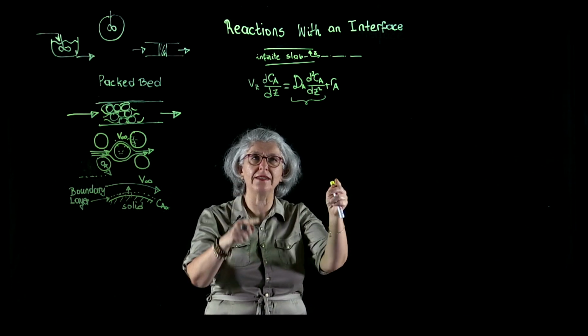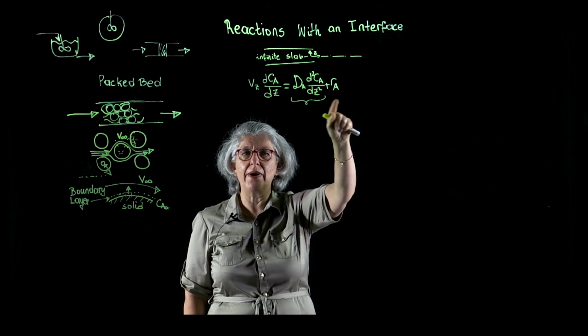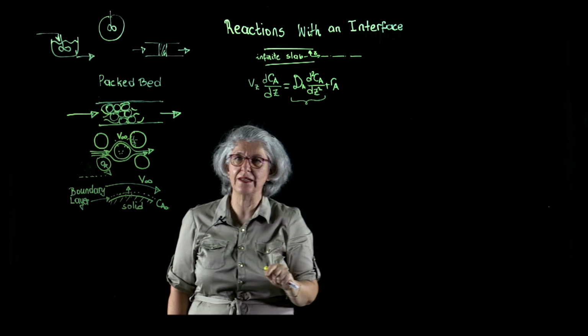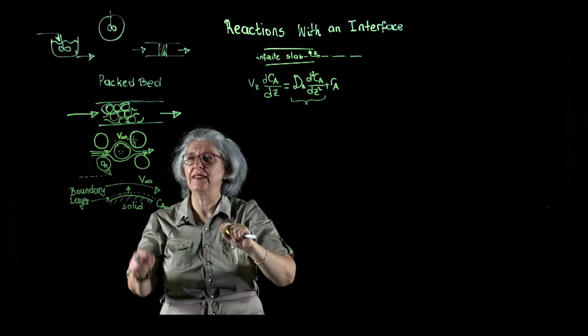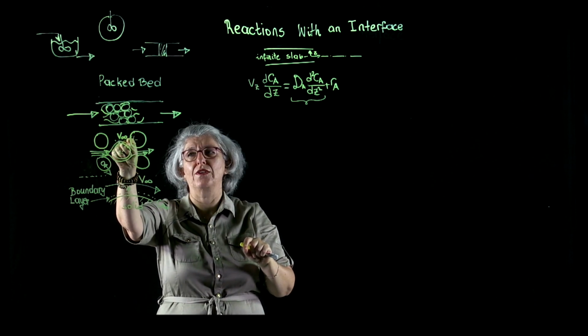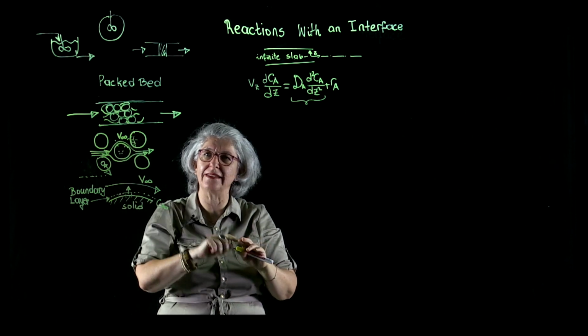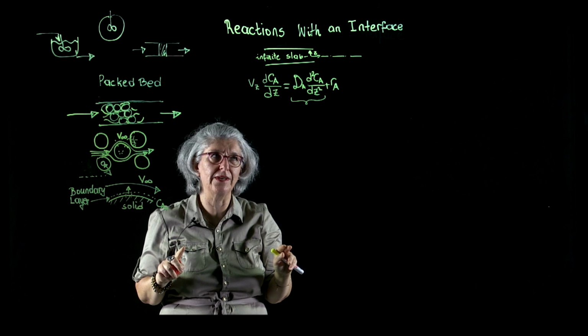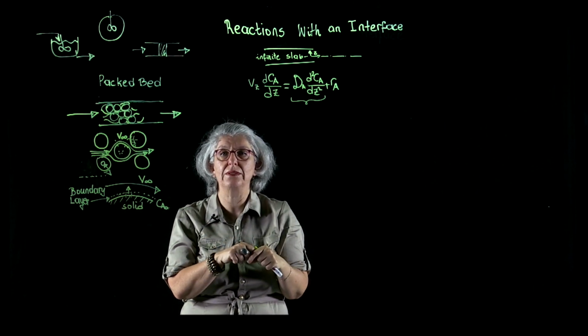And the reaction is homogeneous, so our rate appears in our balance equation. But if the reaction is so fast that the moment our molecule touches the surface of the slab, the reaction takes place and our reactant disappears, our rate has to appear only at the boundary condition.